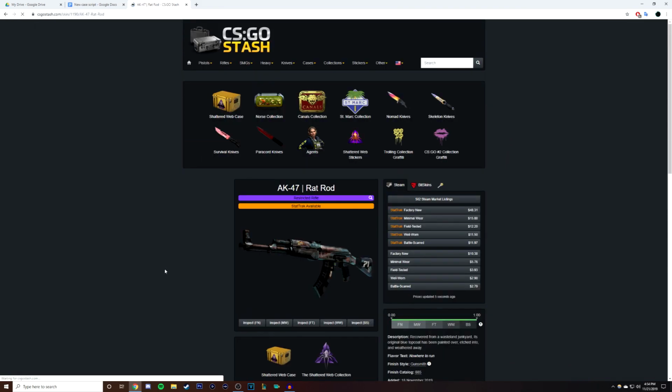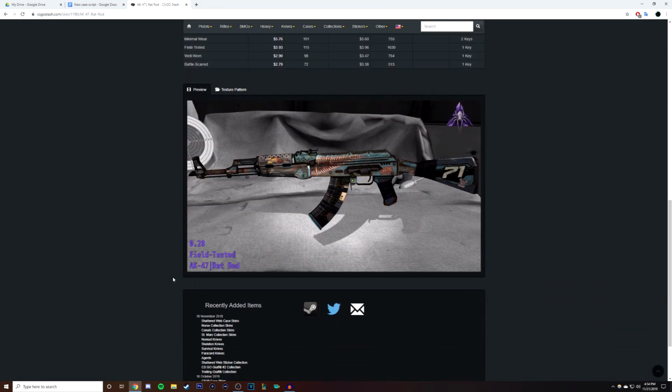What's also pretty good about CSGO Stash is their inspection preview. You can see what float patterns do on the bottom left corner. It's basically a GIF that just plays over and over, and it shows you exactly what the skin looks like at each float value.